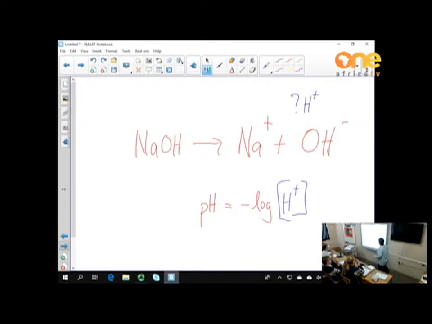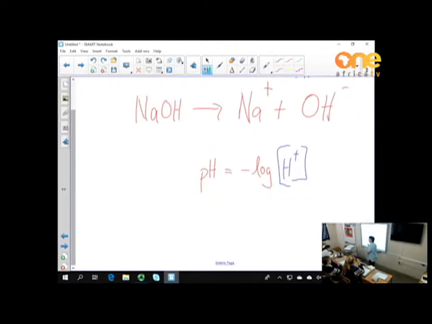Now, there's one thing that when we do equilibrium, I'll explain it to you further in detail. But at this point, because in watery solutions, there is a so-called equilibrium.